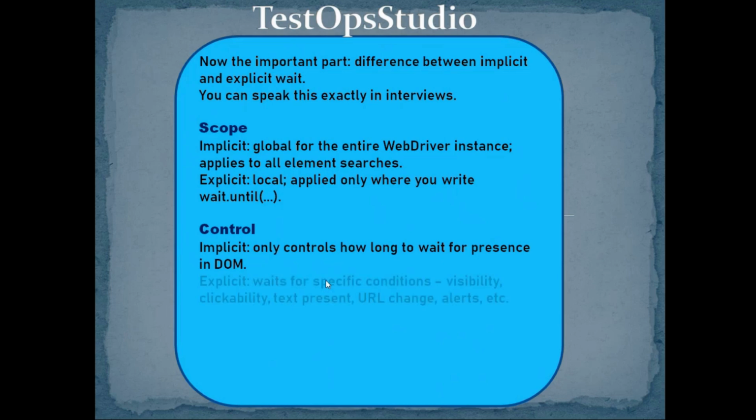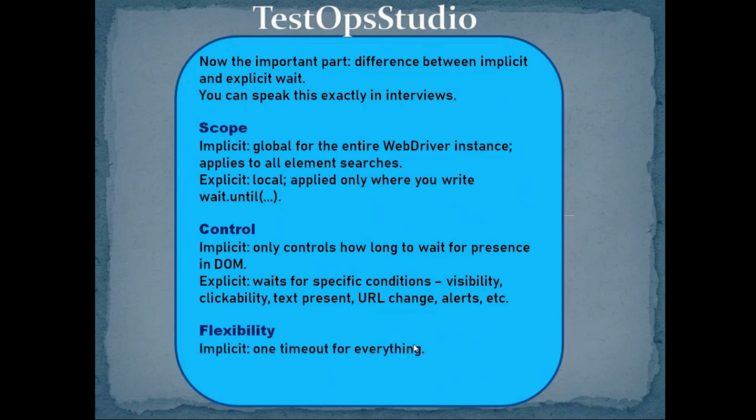Control: implicit only controls how long to wait for presence in the DOM. Explicit waits for specific conditions: visibility, clickability, text present, URL change, alerts, etc. Flexibility: implicit is one timeout for everything. Explicit allows different timeouts for different elements on different pages.